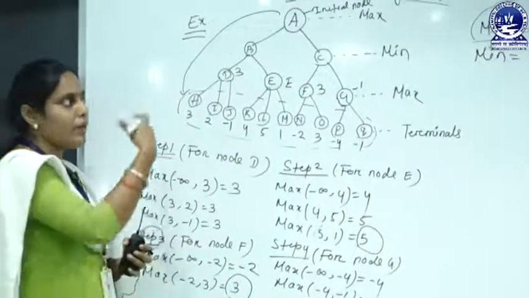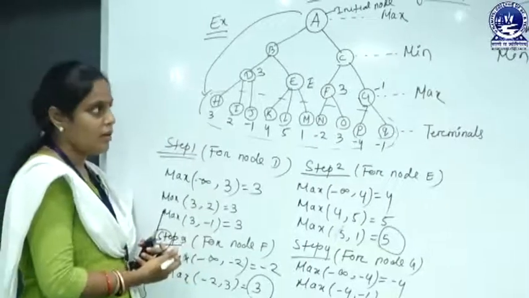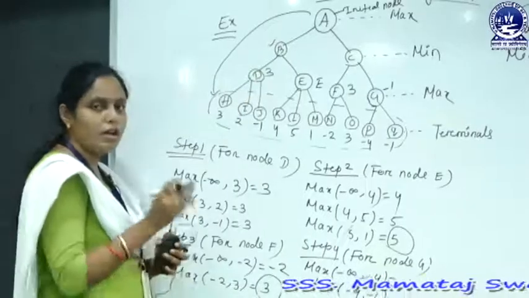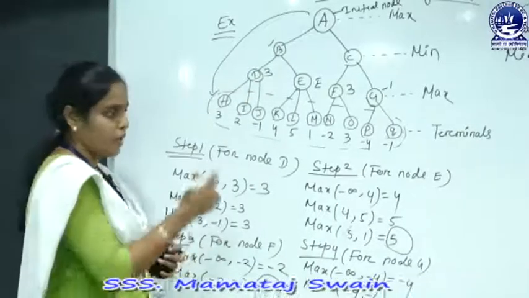Now our minimizer turn starts. Next we take the node B, which is the turn of a minimizer.